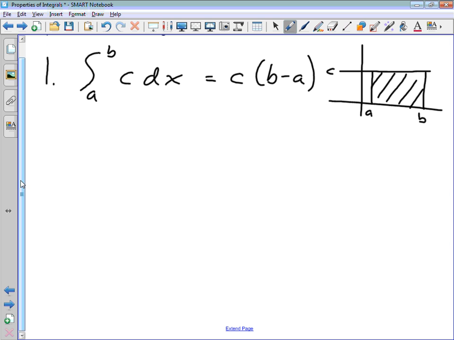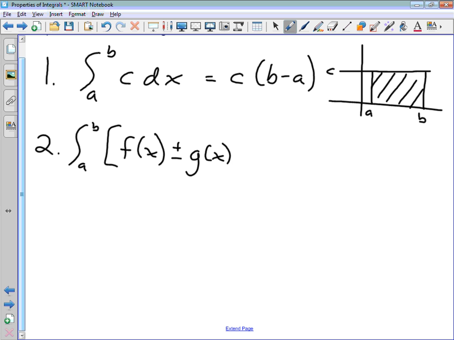Okay. Another one is one that I've mentioned before, the sum or difference rule for doing integrals. If I'm doing the integral of two functions that are added or subtracted, I can always think of this as two separate integrals added or subtracted.